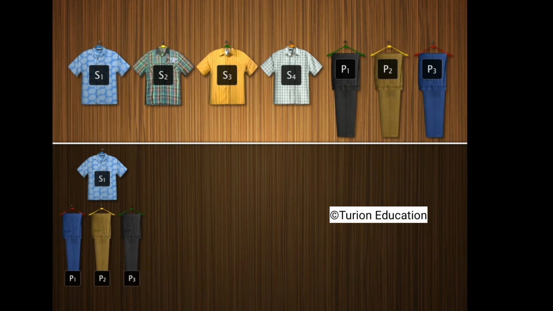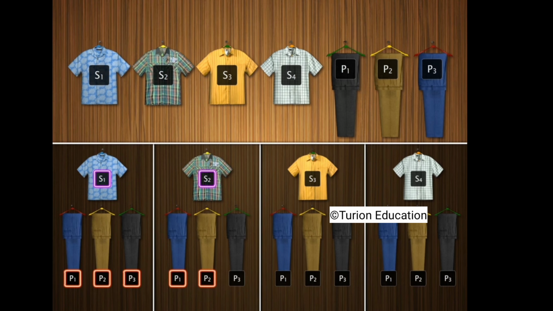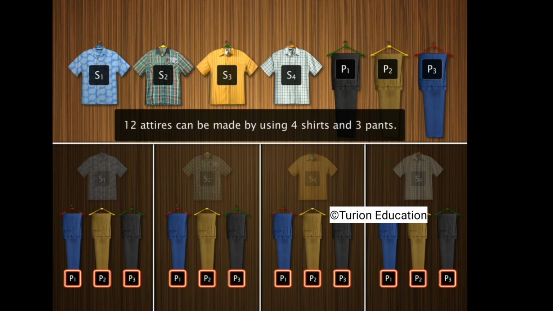So, the possible combinations are S1 P1, S1 P2, S1 P3, S2 P1, S2 P2, S2 P3, and so on. Totally 12 attires can be made with the existing 4 shirts and 3 pants.